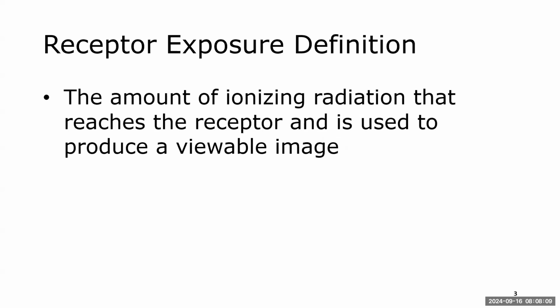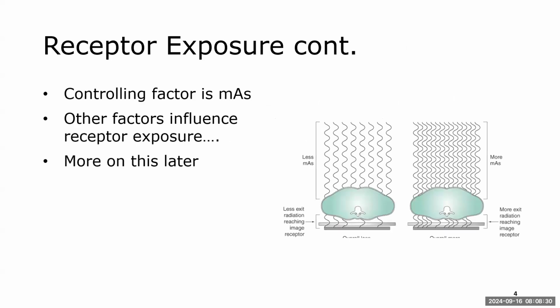So it's how much radiation is left over once it passes through the patient and makes it to the IR. So it's a dose to the IR. How much is actually going to make it through and interact with the IR? That's what we are talking about when we talk about receptor exposure.